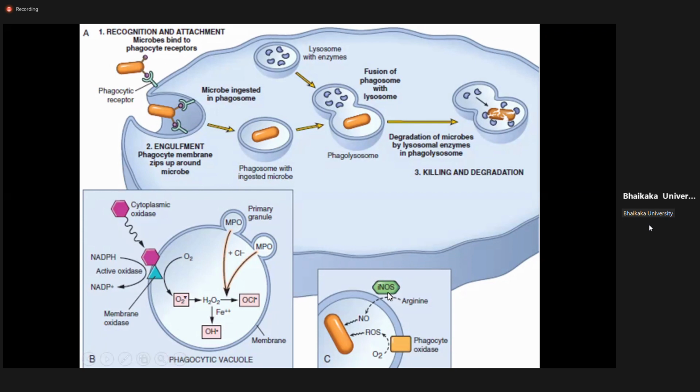And the third mechanism is nitric oxide metabolites. So there are 3 mechanisms by which killing and degradation can occur: reactive oxygen species, reactive nitrogen species, and lysosomal enzymes.